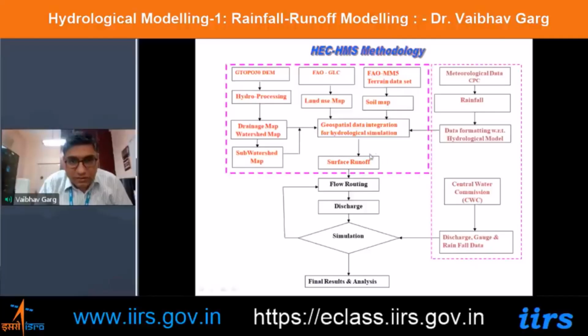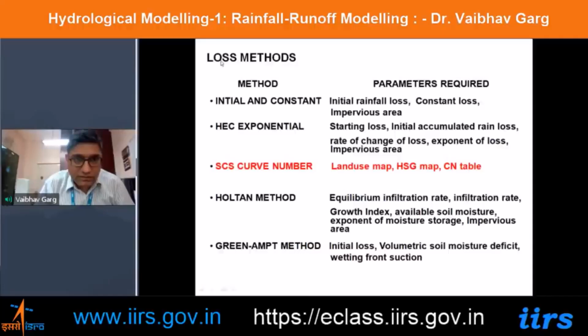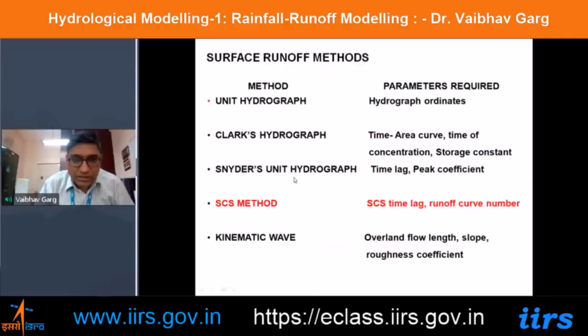And for runoff calculation, again in the background, there are different types of models and methods we can use to estimate the runoff, and one of them is the SCS curve number method. You can see here that in the loss methods also you require the SCS curve number, and for runoff calculation you also require the SCS method.